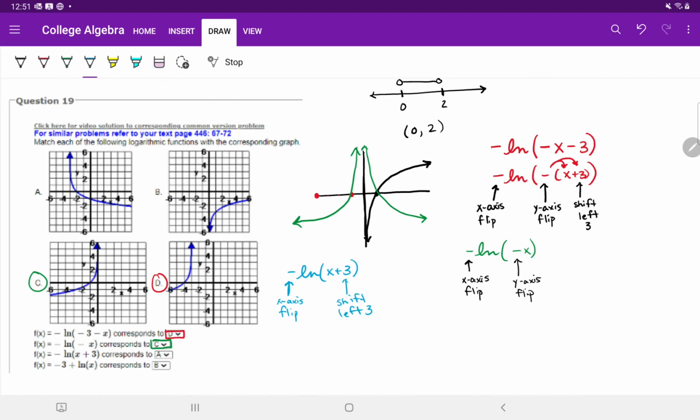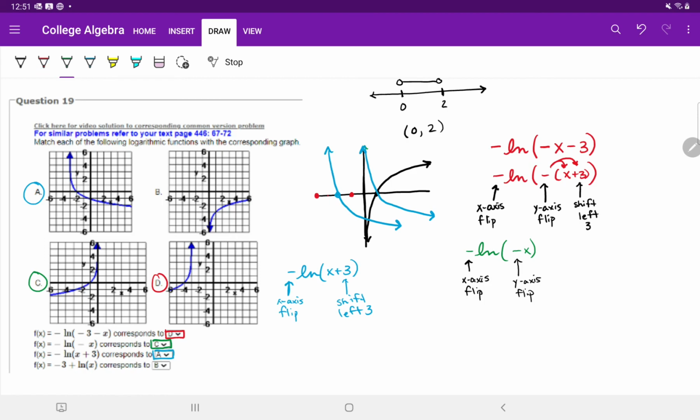So I'm going to erase some of these marks. Let's do our shifting. So we start from our parent function, we flip it over the x-axis, and then we shift it left 1, 2, 3 units. So about here should be our answer, and that's A.